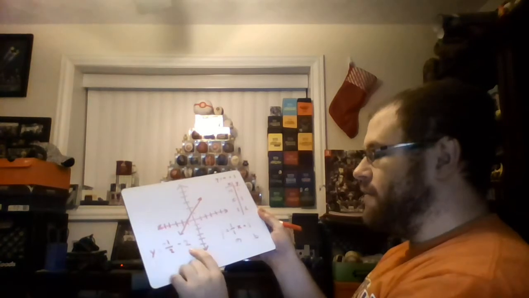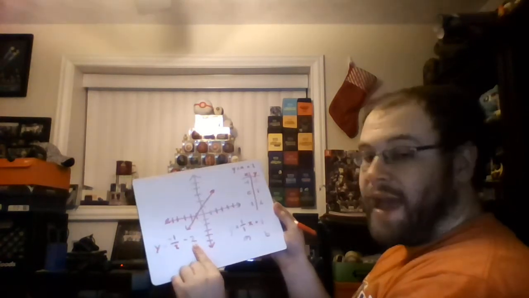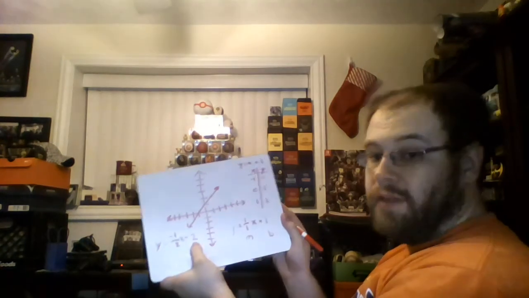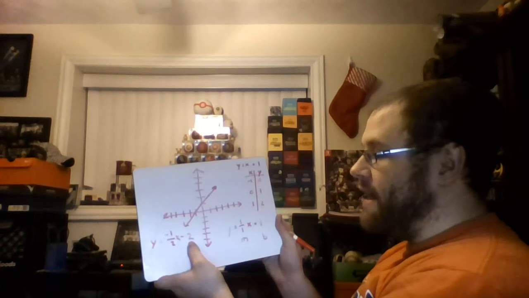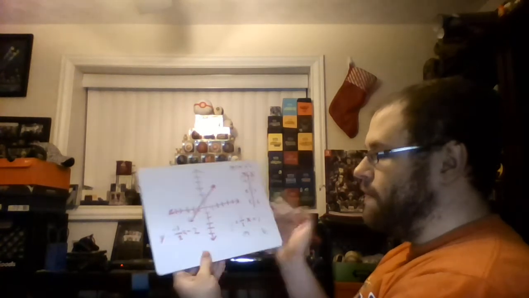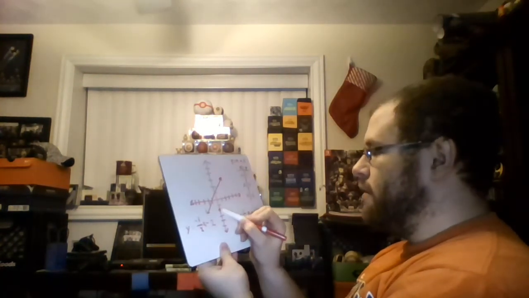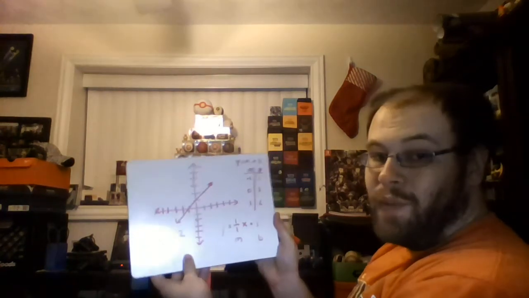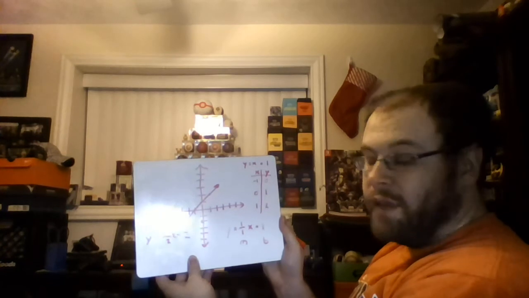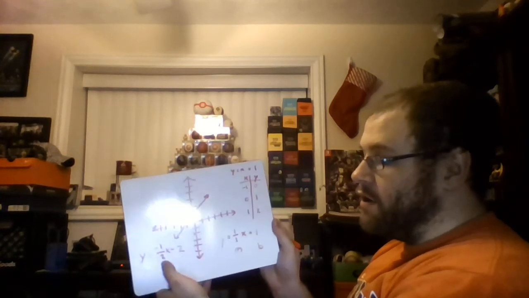Remember, the y-intercept is the b, and so it's whatever number is in the back here without the x. In this case, it's -2. So that means our new line is going to hit the y-axis at -2. -2 is right here, so we're going to put a dot right there. All right, we know our line is going to hit that point.